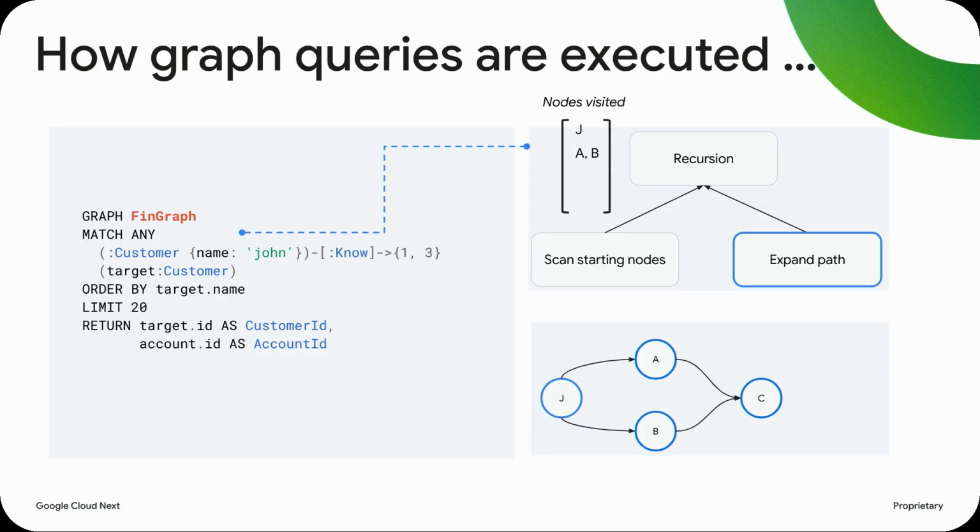But if you recall, the semantics of any is to keep one path between a pair of nodes. So now between J and C, if you don't remove the one from B to C, you will have a duplicated path. So we remove that one. The moment we find the duplication, we remove it, so you don't waste computation and then come back and remove.